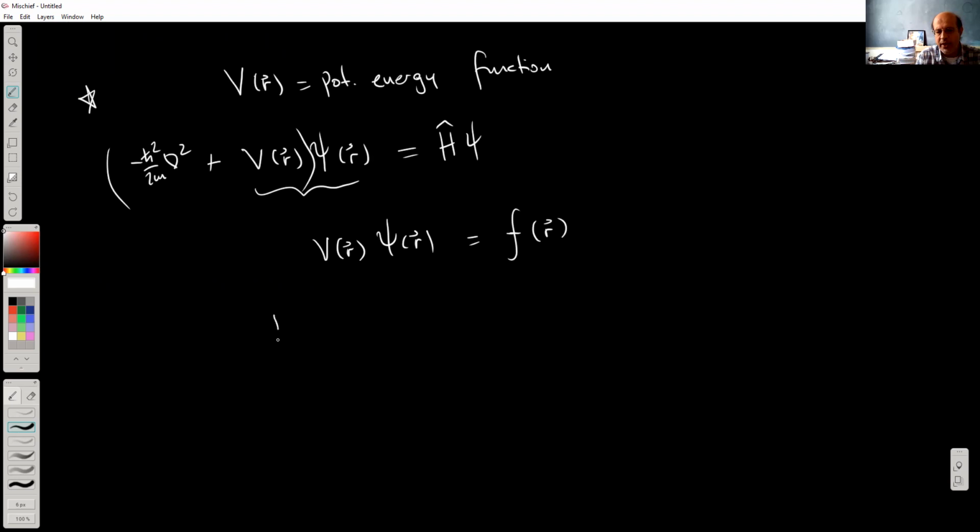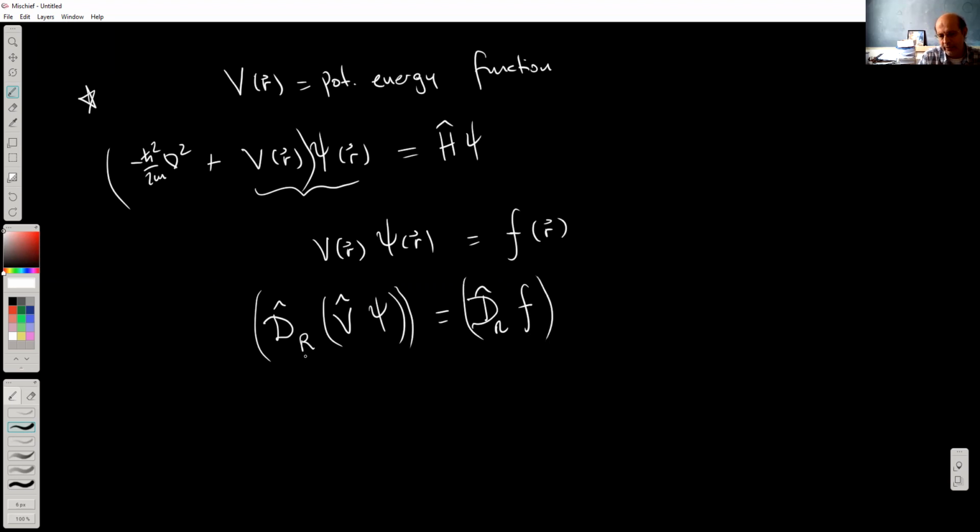Now, what I do is I just apply D of R to that expression in here. I'm applying D of R to V applied on psi. Let's think of it like this. So that's the same thing as D of R being applied on f. And this is an operator.